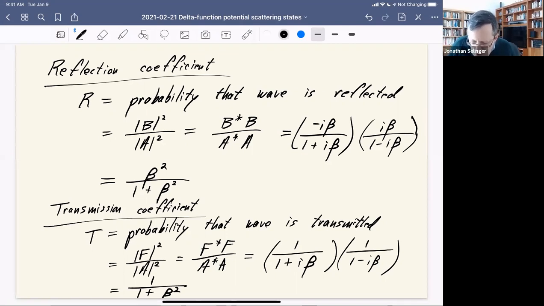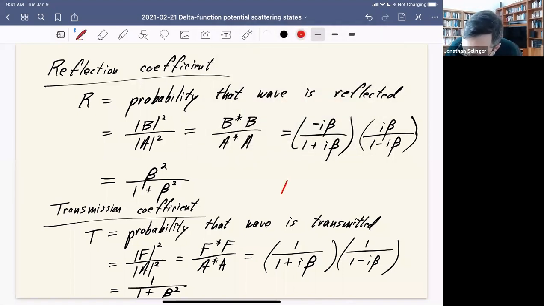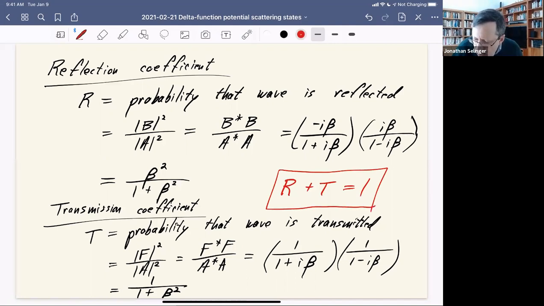And you will notice if you compare these two expressions that R plus T is equal to 1. That is to say, everything that comes in either gets transmitted or reflected.